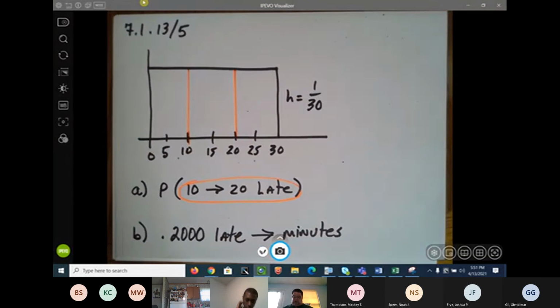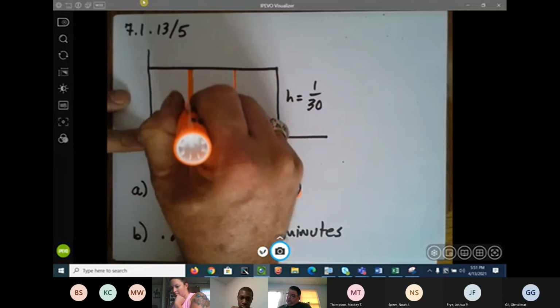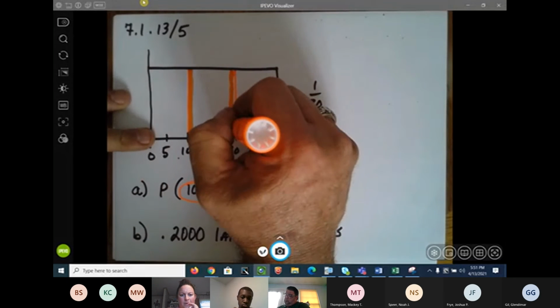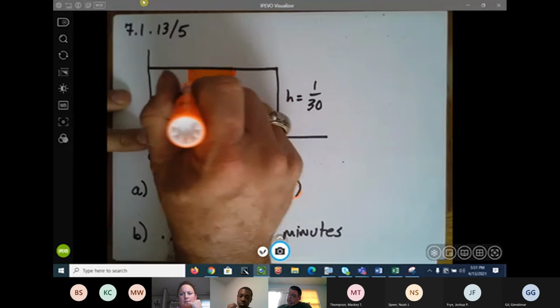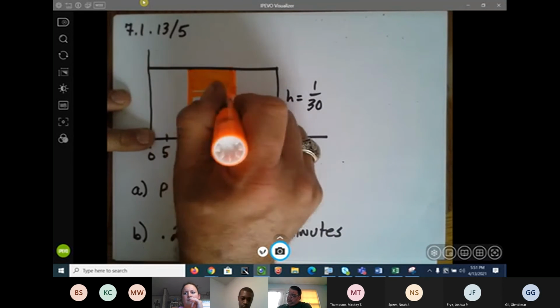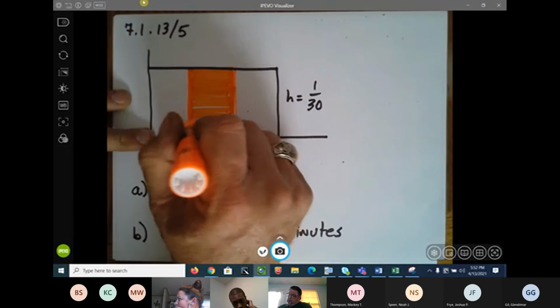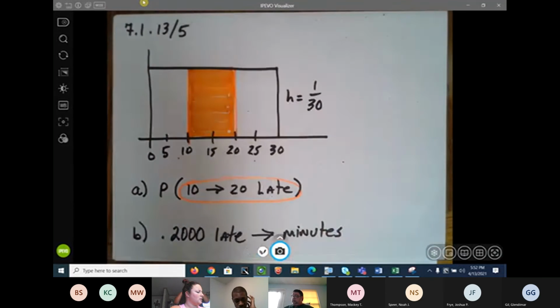And I'm going to take my orange highlighter and highlight that area. So the orange area is what question A is asking. They want to know how big that area is.